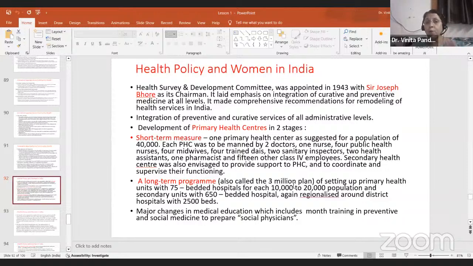And by now, I'm sure you have developed the clarity that infant mortality and maternal mortality are straight away connected with the socio-economic background of the pregnant woman, the woman who is delivering the child.